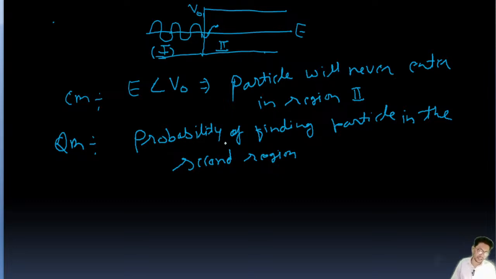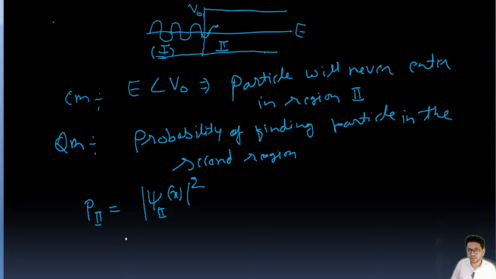There will be some probability of finding the particle in the second region, unlike in classical mechanics. And that P second, the probability of finding the particle in the second region, is going to be psi 2 of x mod square. This we know.